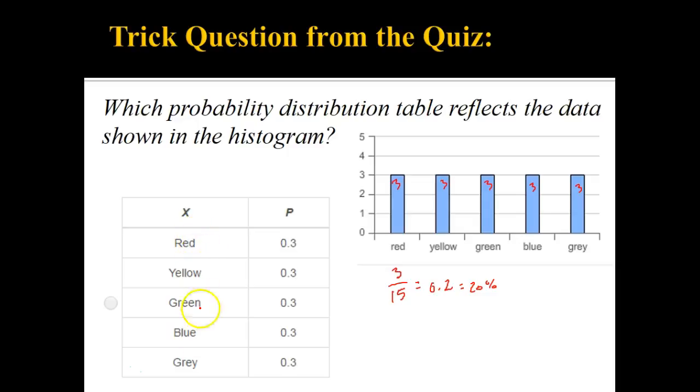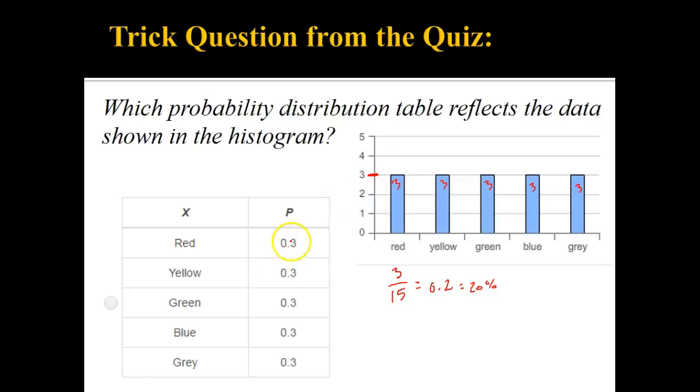We have the colors, the x values, in the left-hand column, and then we're supposed to have the probabilities in the right-hand column, but instead everybody's picking the one with the 3 in it, even though it's technically not 3, it's 0.3, it's 3/10, because they're fooled by looking at this chart and seeing the 3's all the way across. But recognize the 3's in the chart is how many of each there are.